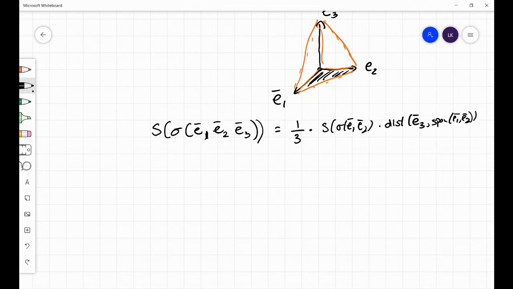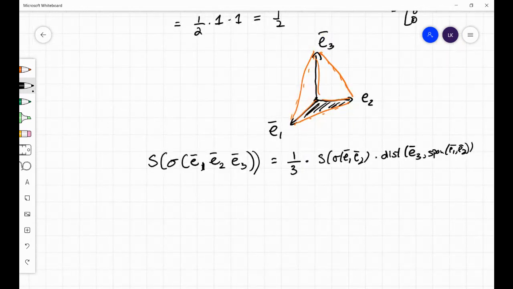It's pretty easy to see that the height, the distance from E3 to the span of E1 and E2, is just 1 again, because these are unit vectors.